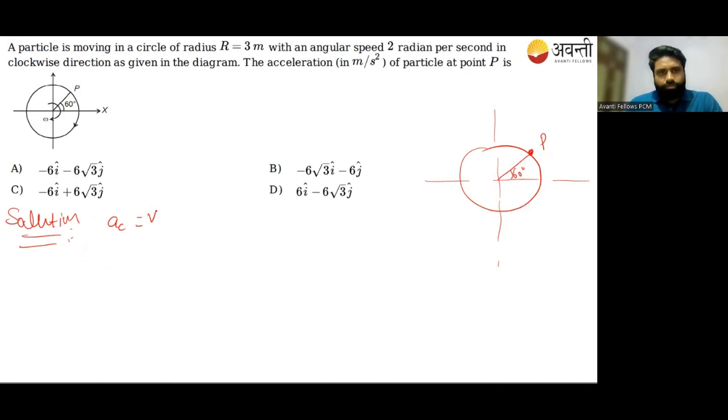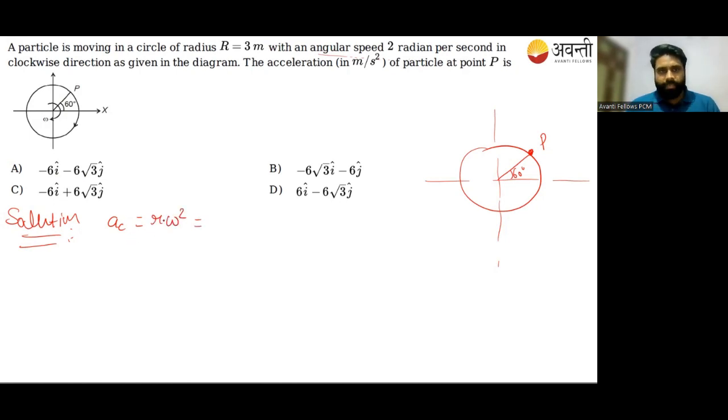Okay. So it is moving with an angular speed of 2 radian per second. So there is no angular acceleration. So this motion you would consider uniform circular motion. So this centripetal acceleration is r omega square.